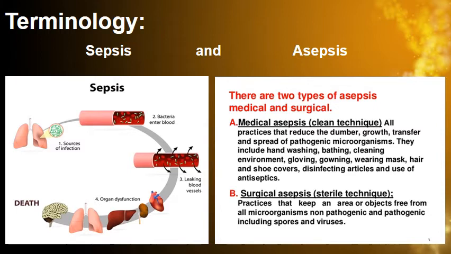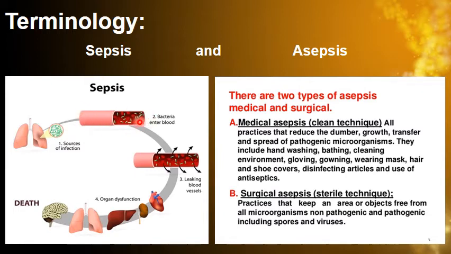After it enters the body, it goes through the bloodstream. At this stage we call it bacteremia, but it is not sepsis, not right now. It's only the blood carrying the bacteria.